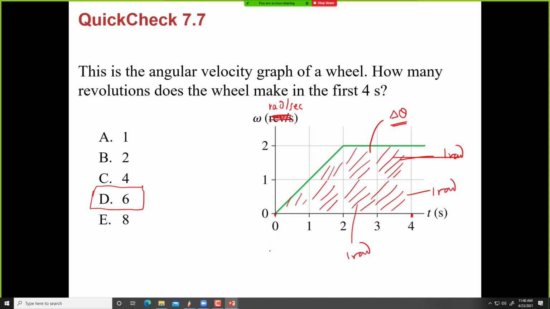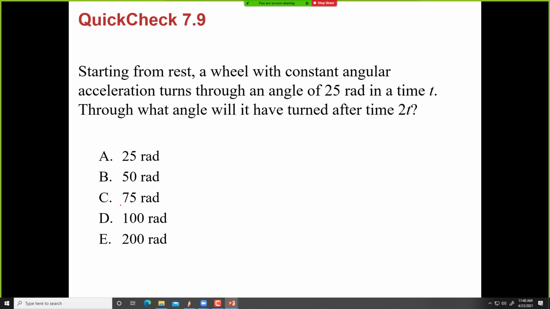So your unit depends on how this omega is expressed. Since here we are using revolution per second, these are the revolutions.